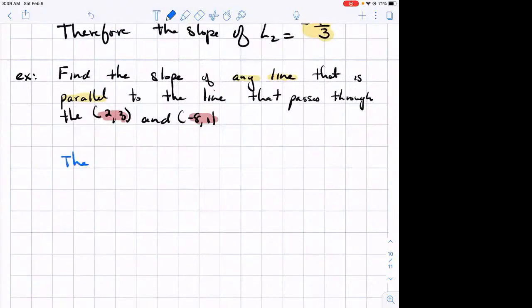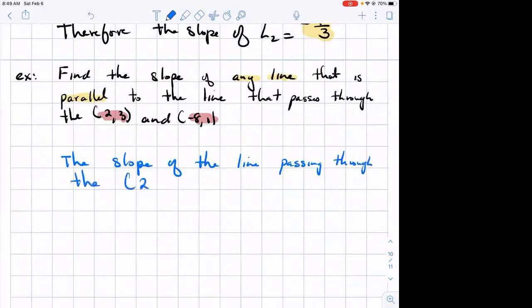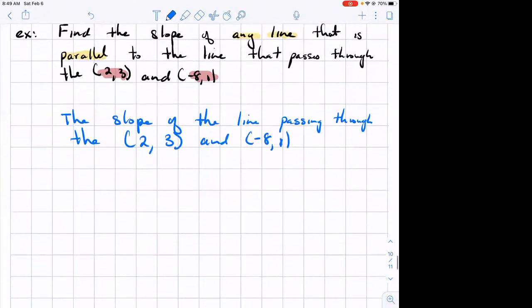So the slope of the line passing through points 2, 3 and -8, 1. That's the first thing. So as we did before, x1, y1, x2, y2.